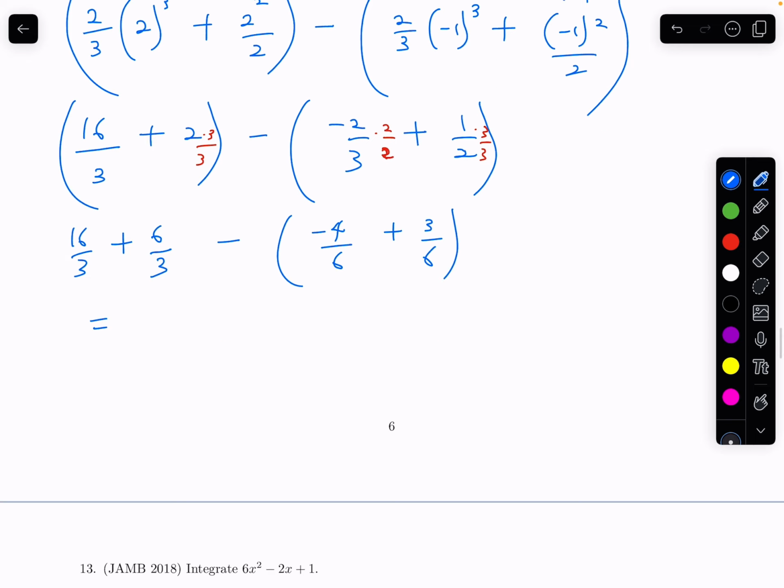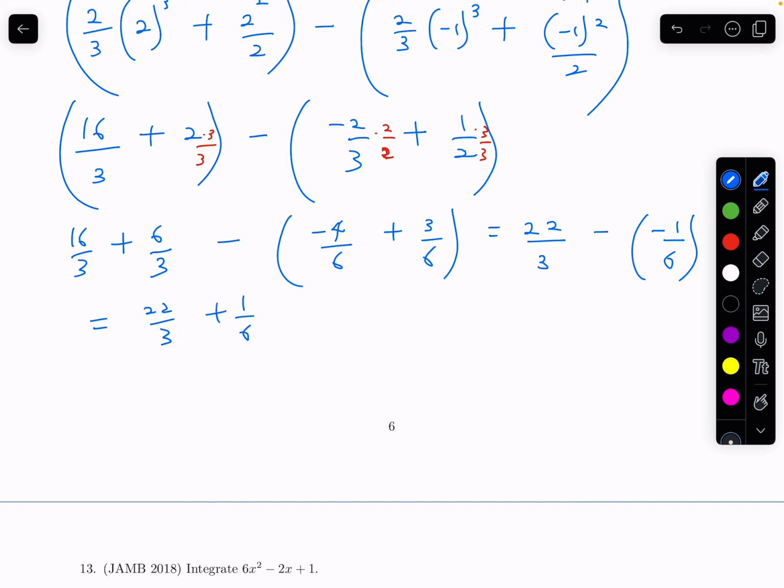So this is just going to be 16 plus 6, that's 22, over 3, minus -1 over 6. So this is just 22 over 3 plus 1 over 6.